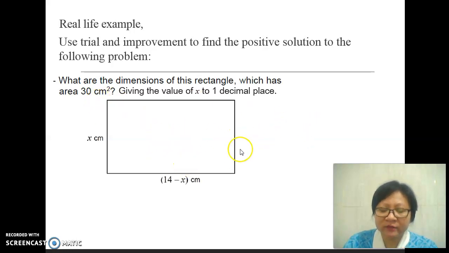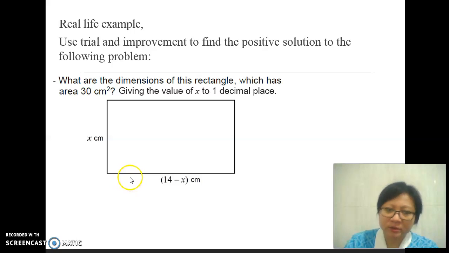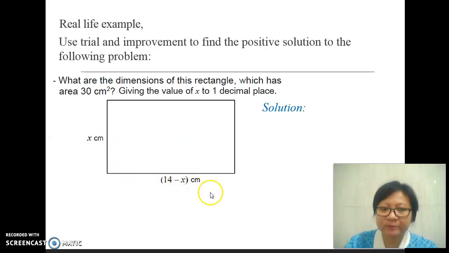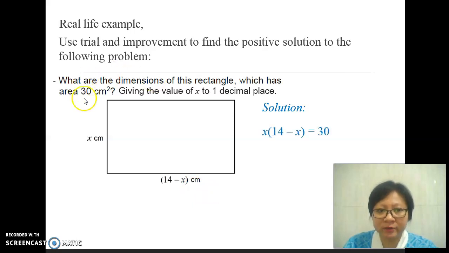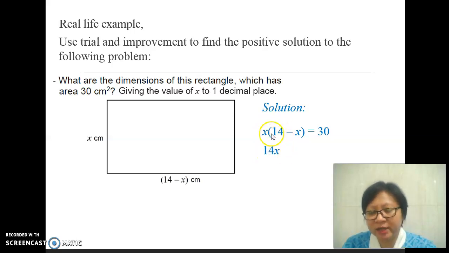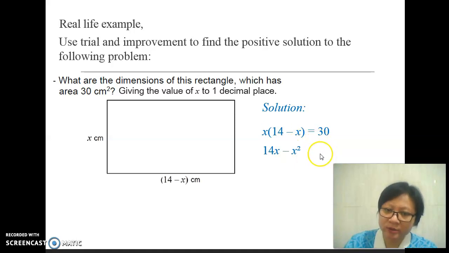The area of a rectangle is length times breadth. So x times 14 minus x equals 30. 30 is given from the question. And then use expansion: x times 14 is 14x, and x times minus x is minus x squared, equals 30.